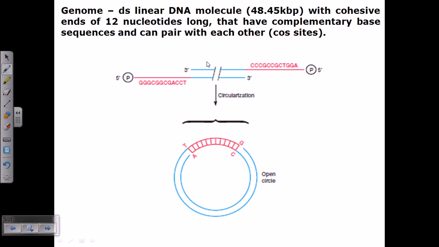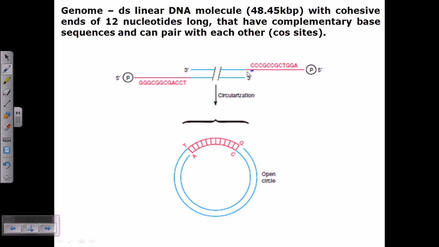Now let's talk about the structure of the genome of lambda phage. If we look at the structure of the genome of lambda phage, it has a slightly unique feature, which is having cohesive ends at both ends. So cohesive end simply means a complementary structure or complementary sequence which can pair with each other, right?